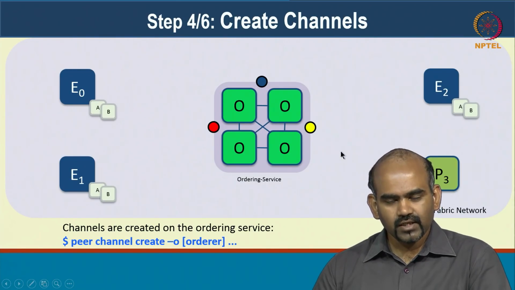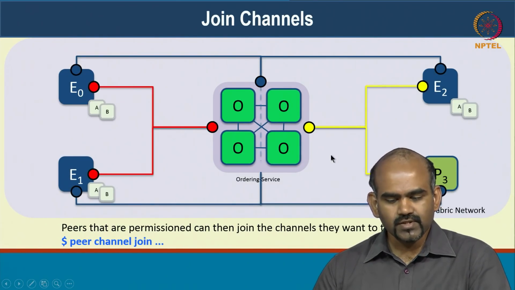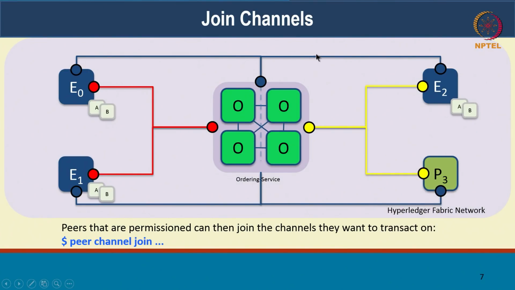When you're configuring the channels with the ordering service, you're also going to be joining peers to that channel as the next step. The channel configuration will include the set of organizations and set of peers that are part of that channel. In this case, E0 and E2 have joined the blue channel. E0 and E1 have joined the red channel. E2 and P3, which is not an endorsing node, have joined the yellow channel.